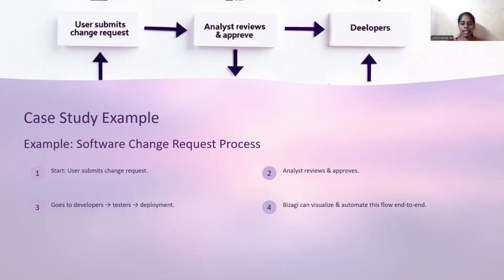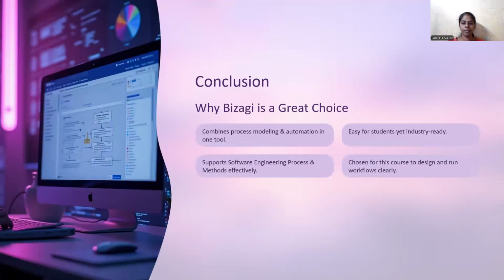Bizagi can model this entire lifecycle visually and let you run it, so a team member gets their task automatically. Next is the conclusion. At last, Bizagi is an excellent choice. So let me show you the Bizagi tool.